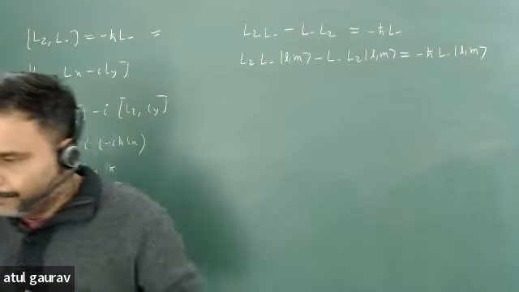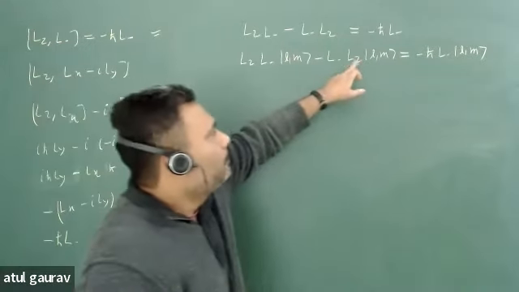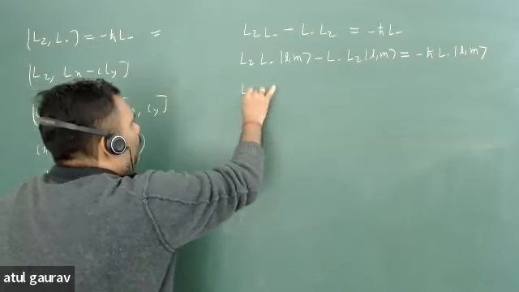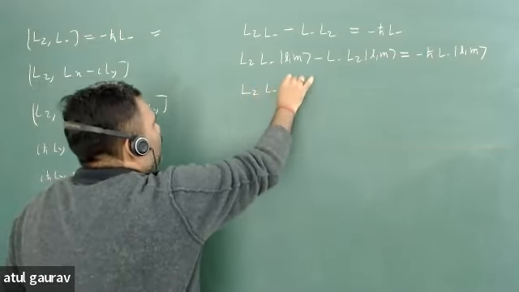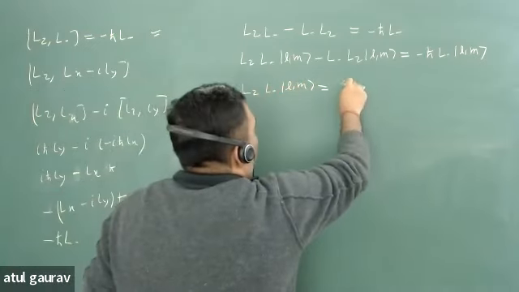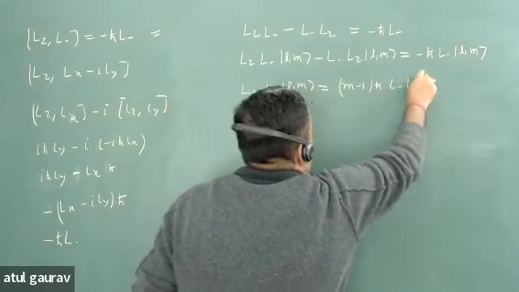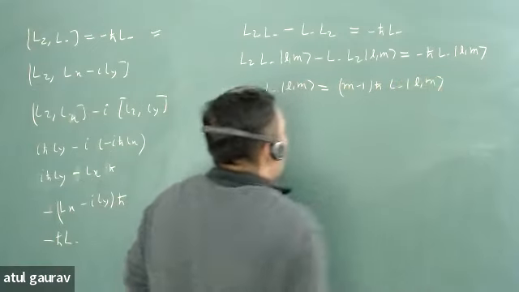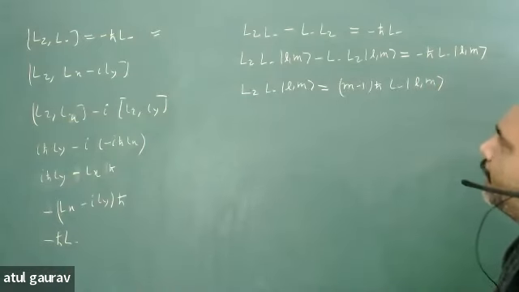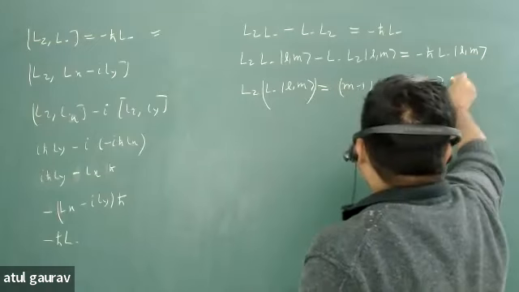Yes. So what will happen? Lz is going to operate on this one, m h cut is there. So we have Lz L minus |L, M> must be equal to (M minus 1) h cut L minus |L, M>. What is the meaning of that? What can we call this? So you have this particular information.